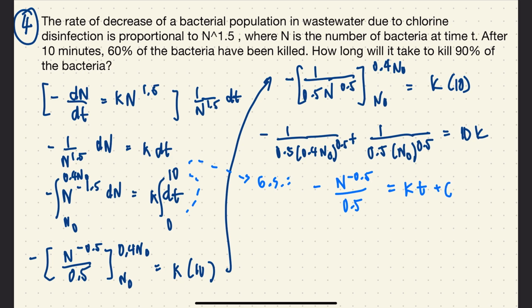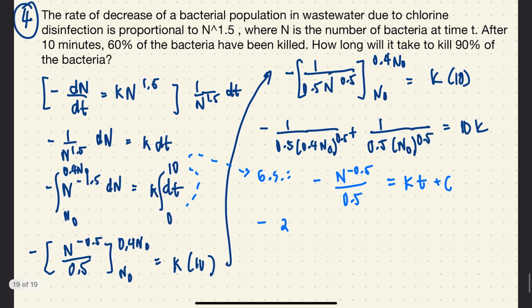So when we rearrange, 0.5 is 1 half. So this becomes negative 2, and let's put it at the bottom, n raised to 1 half is equal to kt plus c.